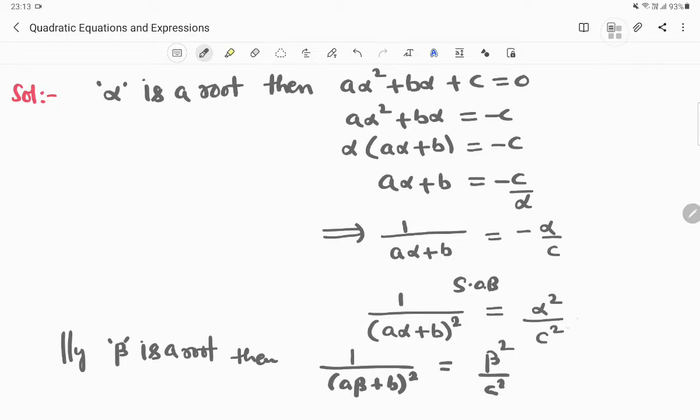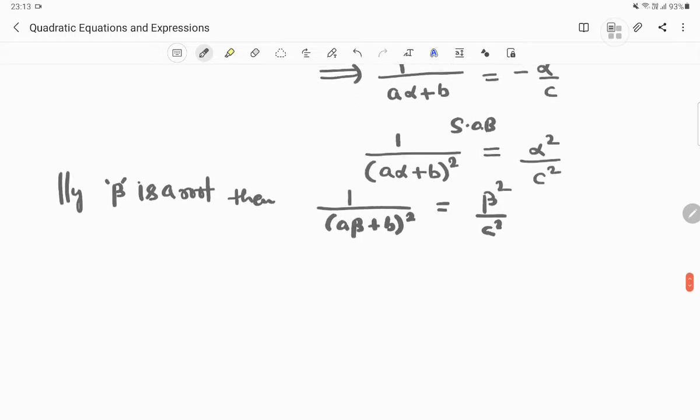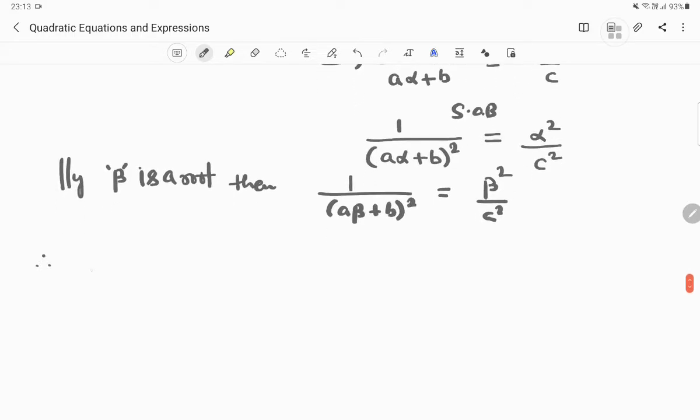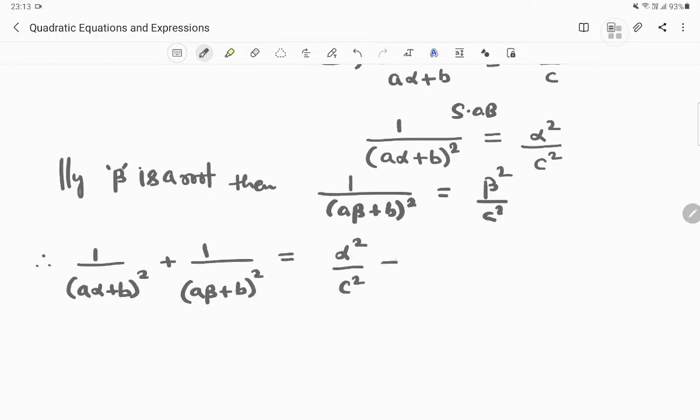So just you have to add these two only. Therefore, come to the question: 1 by (a alpha plus b) whole square plus 1 by (a beta plus b) whole square is equal to alpha square by c square plus beta square by c square.